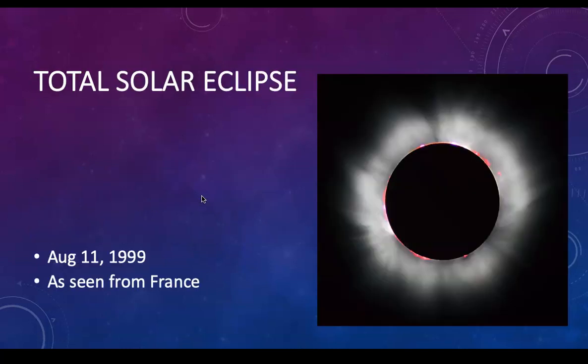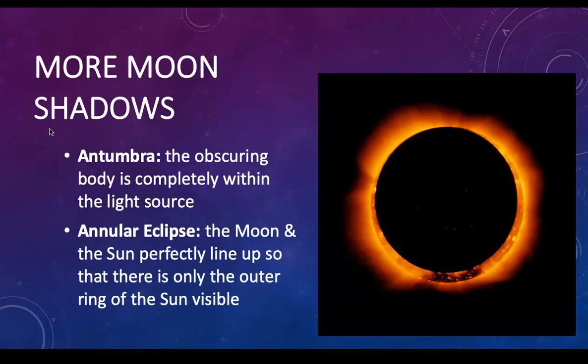So there's a total solar eclipse as seen from France, 1999. I didn't go there. I borrowed these pictures. Yeah, antumbra. Not going to go there for the test, please. Don't worry. Very cool picture, though.